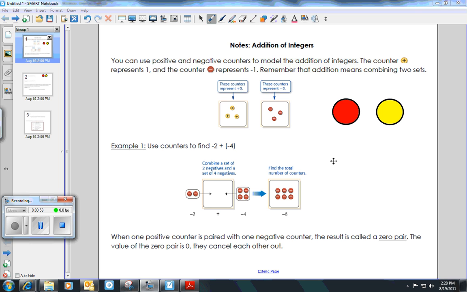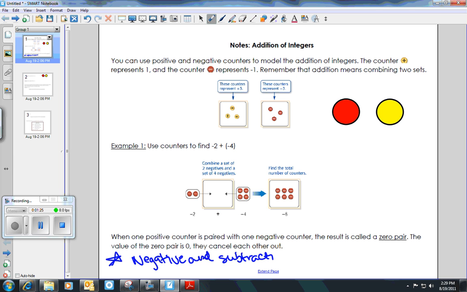So for your secret question today, I want you to put on your first page of notes, below this little paragraph about zero pair, put your star, or you can do a circle or whatever you want to do, but I want you to write down that negative and subtraction signs mean the same.